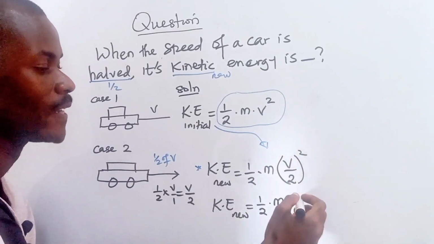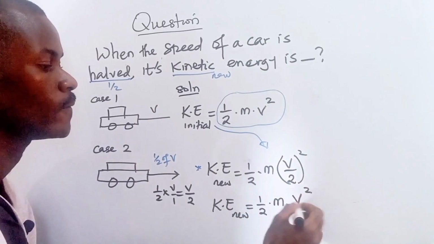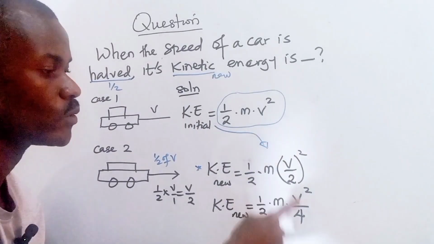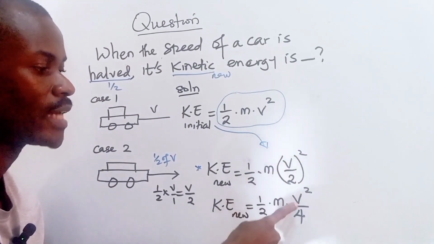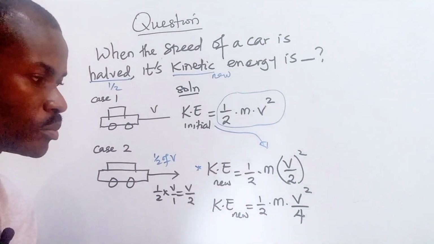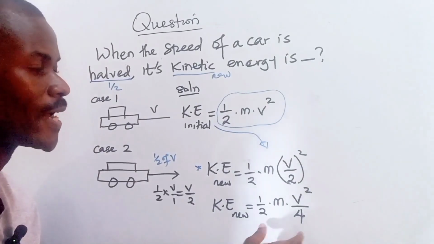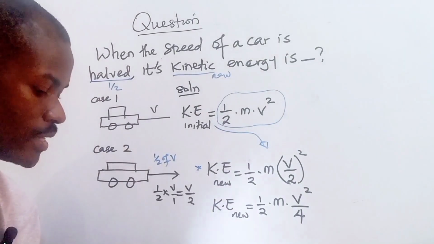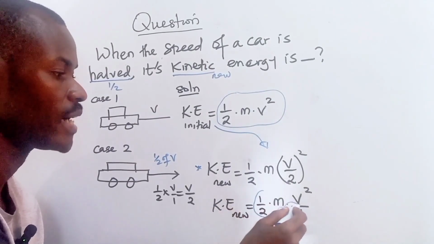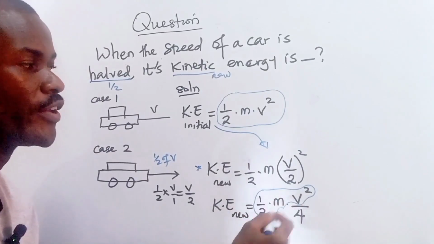Now this we can write as V squared over 4, because this is going to multiply itself: V times V is V squared, 2 times 2 is 4. Now from this we can see that we have our half, m and V squared here.